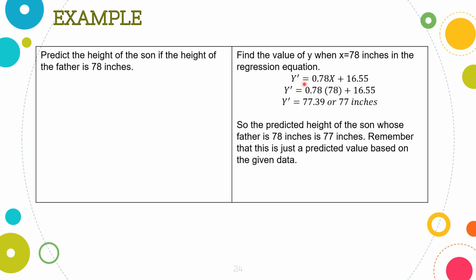That is y prime is equal to 0.78 times 78 kasi 78 inches yung height ni father plus 16.55. That will give us 77.39 or 77 inches. So the predicted height of the son whose father is 78 inches is 77 inches.